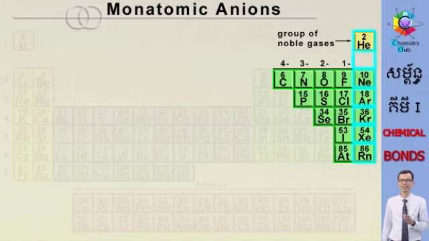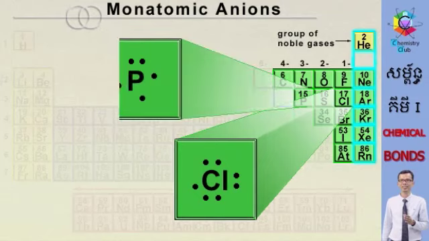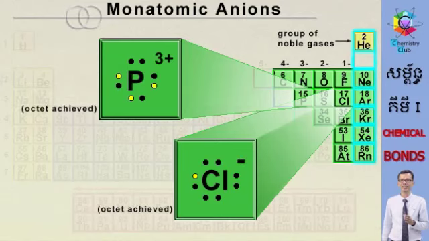For example, the anion of chlorine takes on the charge 1-, while the anion for phosphorus takes on the charge 3-. The reason for equating the number from the nearest noble gas to the charge is because the elements must gain that many electrons to achieve a complete valence shell, thus fulfilling the octet rule.